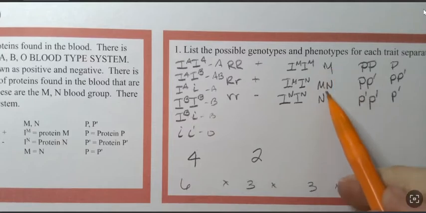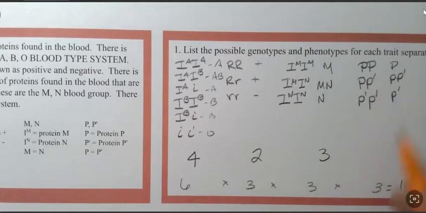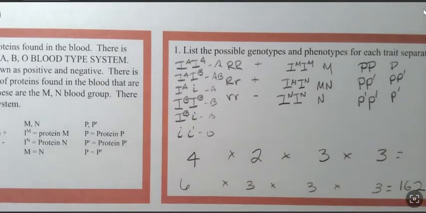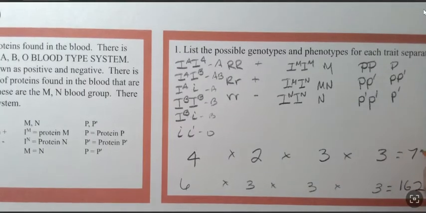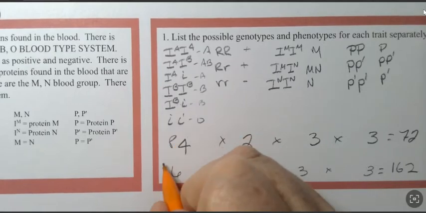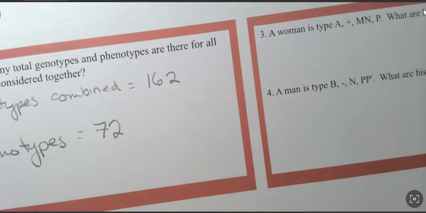How many different ones here? 3. And how many different ones here? 3. So I do 4 times 2 times 3 times 3. There are 72 different phenotypes. So this is pheno, this is geno. So our phenotypes equal 72.